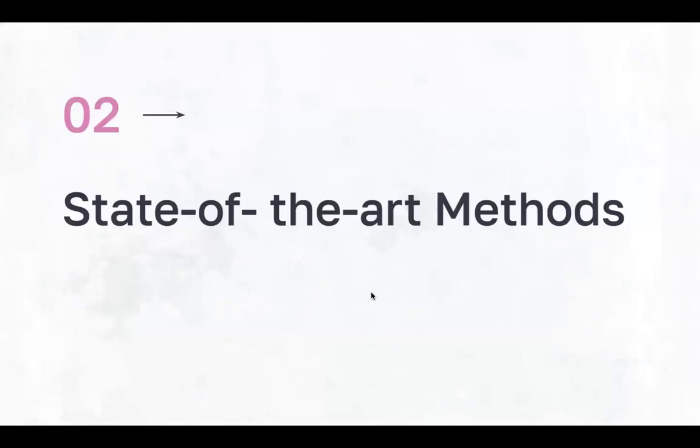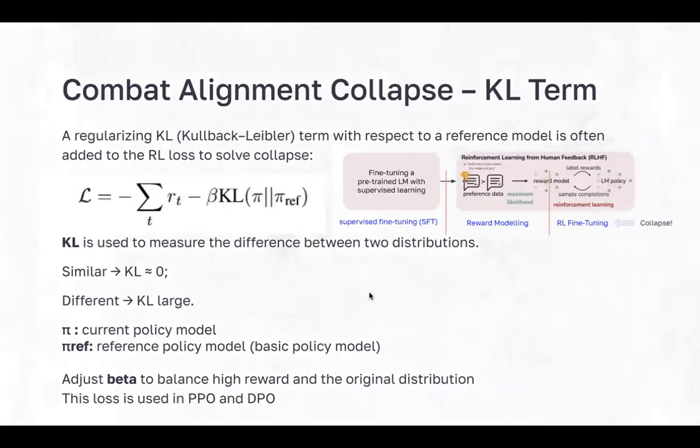So let's see the next section. Let's see some state-of-the-art methods, what happened in these methods, and how they work against the collapse. First, the KL term. You can see it in this part. Regularizing the KL term with respect to a reference model is often added to the RL loss to address the collapse.